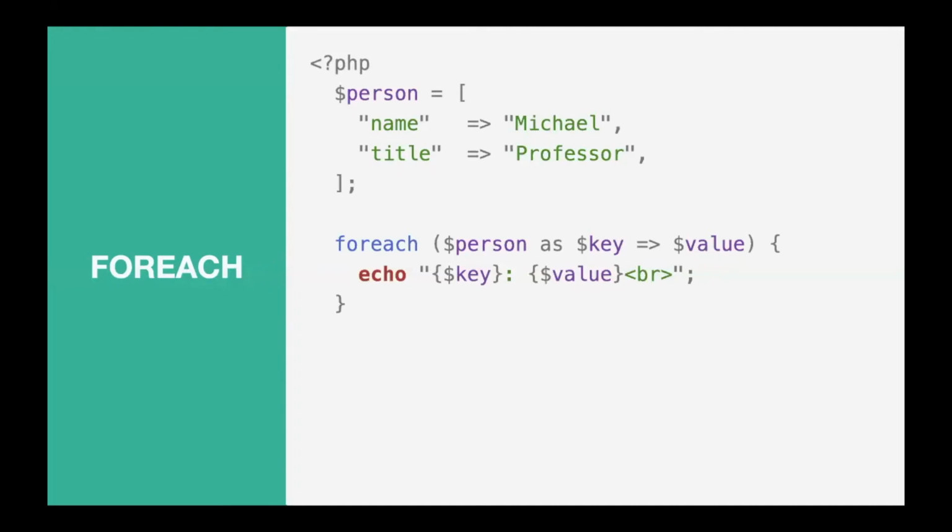But if we do something similar to this, where we do key, then that fat arrow, and then value, we can get both the key and the value. Now, please note that you do not need to use key and value here. These are variables. You can call them whatever you want. But just note that the first one will return the key and the second one will return the value. And of course, once we echo this out, we'll echo out each key value pair.